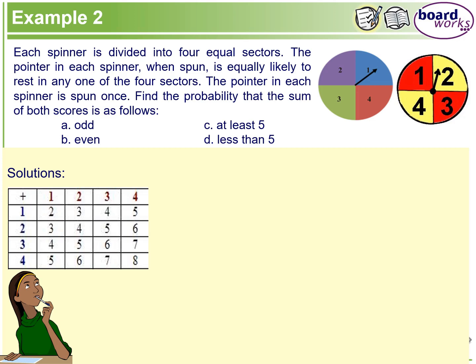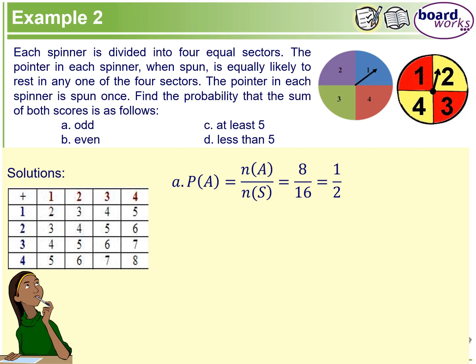So let's try to solve letter A. Find the probability that the sum of both scores is odd number. So let A be the event that the sum is odd. You will just look at the possibility diagram and count how many are odd numbers here.